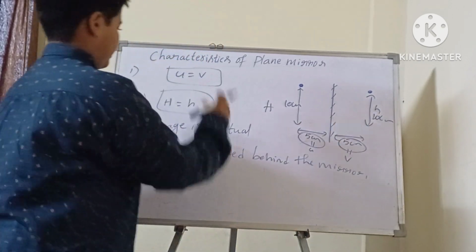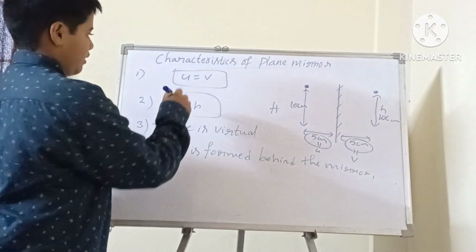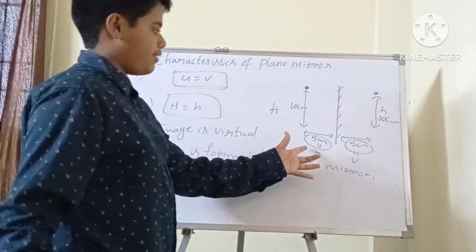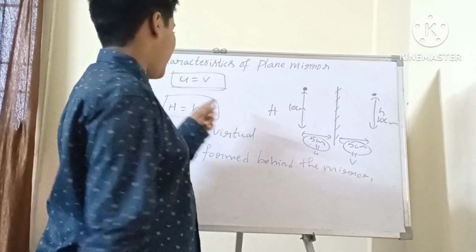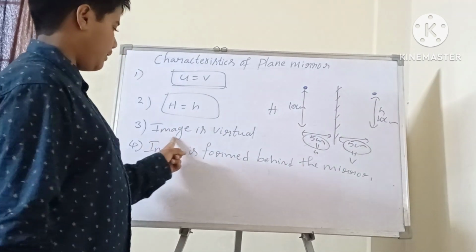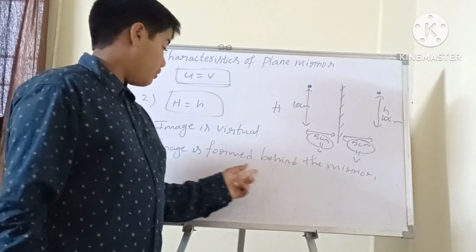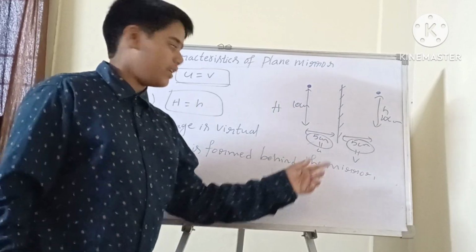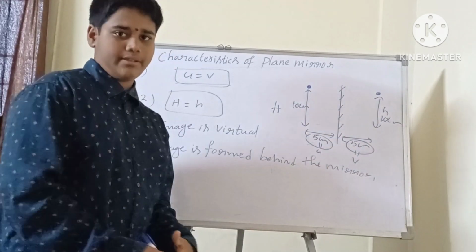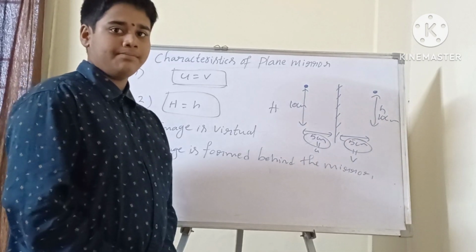Okay, these are the 4 characteristics of a plane mirror. First, the object distance is equal to the image distance, and the object height is equal to the image height, and the image is virtual. The image is formed behind the mirror. Okay, so these are the characteristics of a plane mirror.